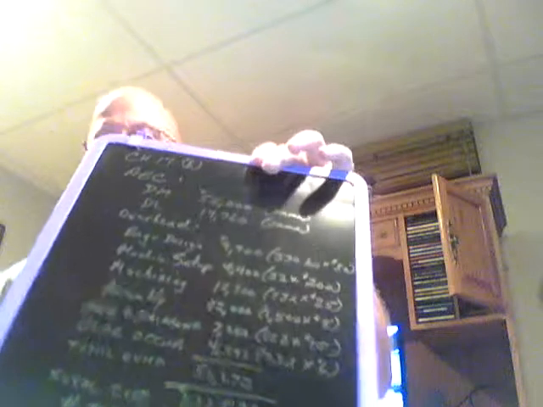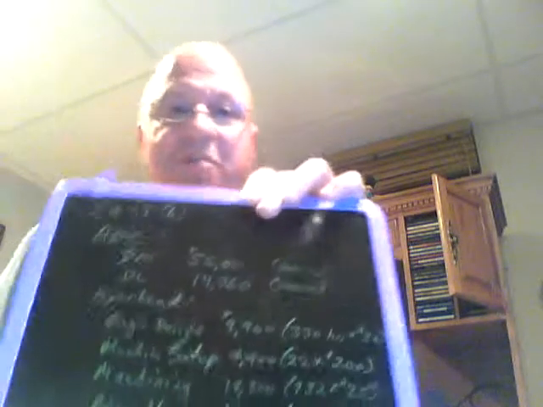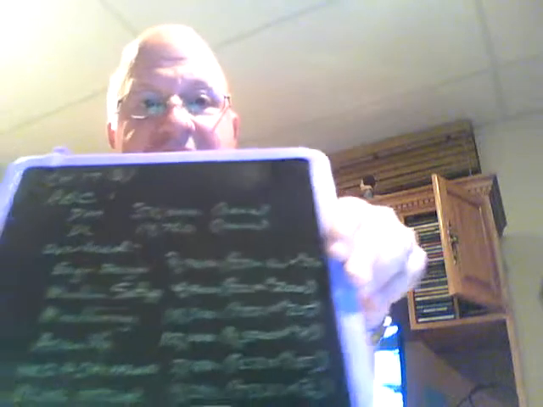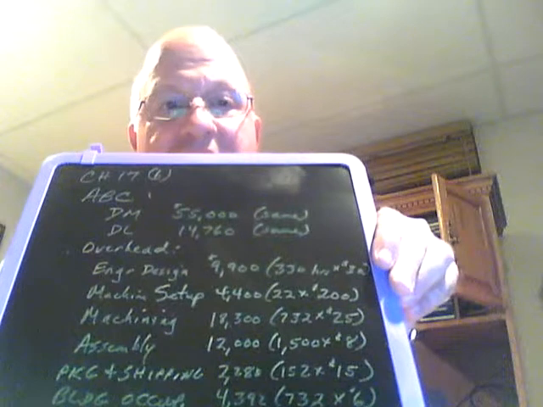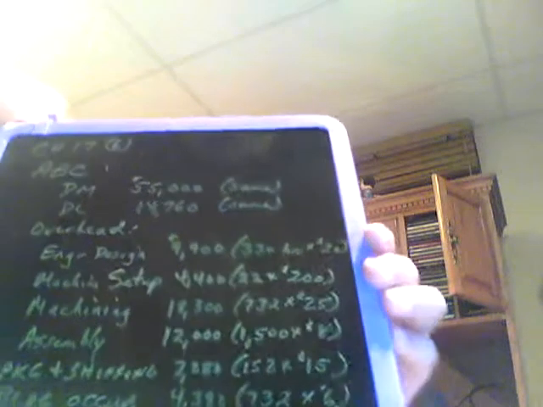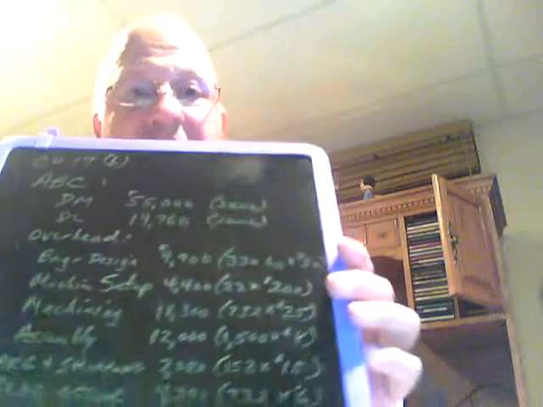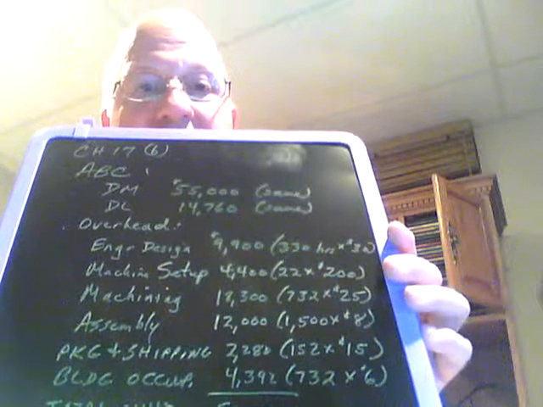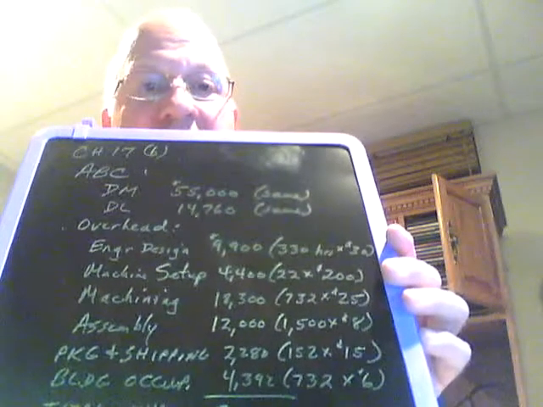And jumping back up to assembly, that was based on $8 per sub-assembly. So I may have misspoken a second ago on that. So packaging and shipping is based on packaging and shipping hours again. So 152 hours times $15 an hour gives $22.80.